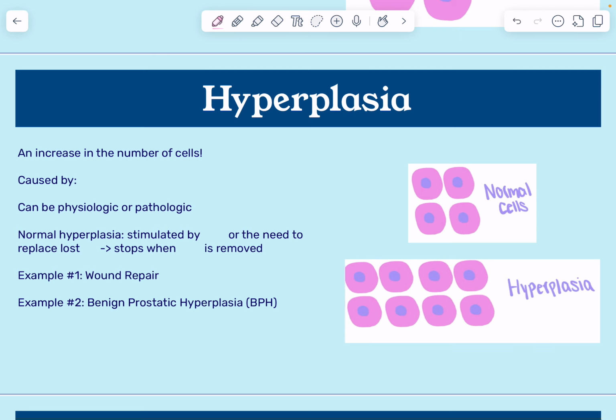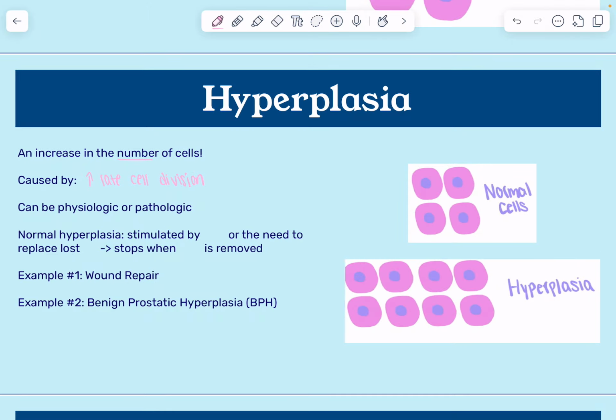The next change is hyperplasia, and this is an increase in the number of cells, and this is caused by an increased rate of cell division. And once again, this is also physiologic or pathologic.